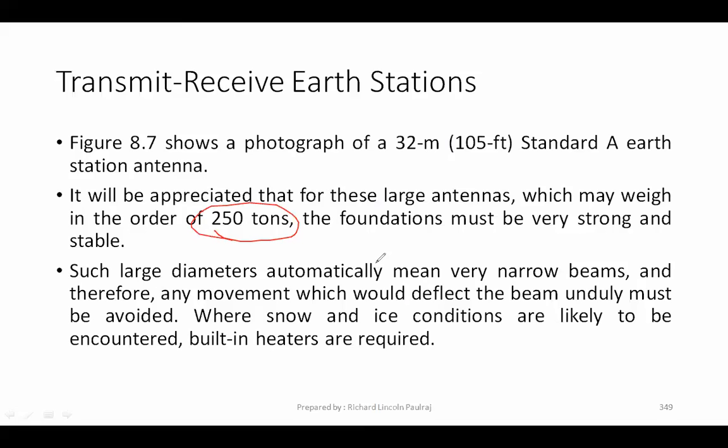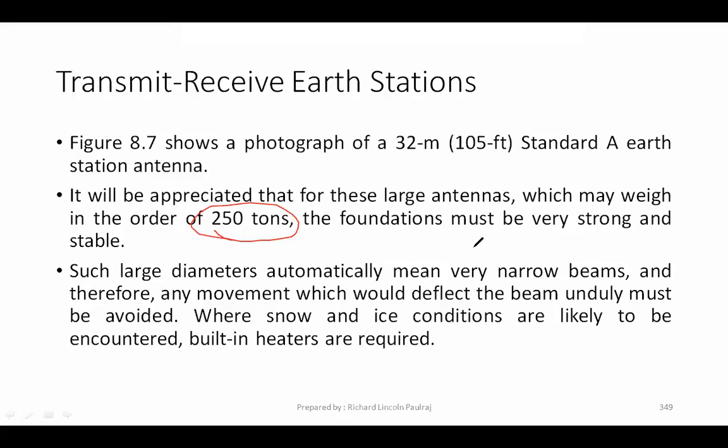Why do you think so? The foundation should be strong and stable? Because of what? Because of the weight. We should make sure that they do not shake even when there is huge wind, because since the diameter is high, even if there is wind, there are chances that there can be a little bit of wobbling.